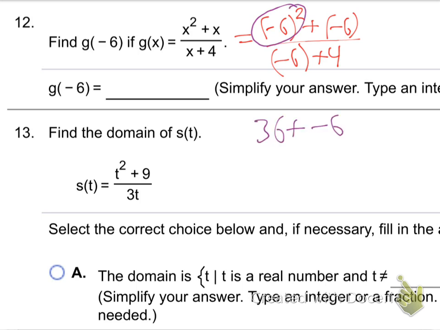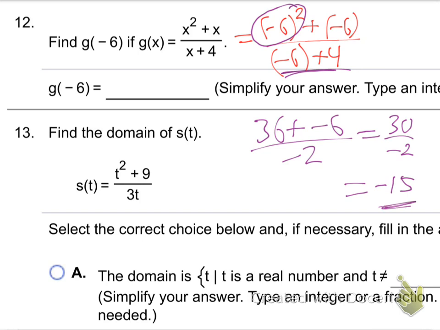Plus -6 over, that's -2 on the bottom, right? -6 plus 4. So that's 30 over -2, -15. Good? Questions on that one? You guys okay with that one?